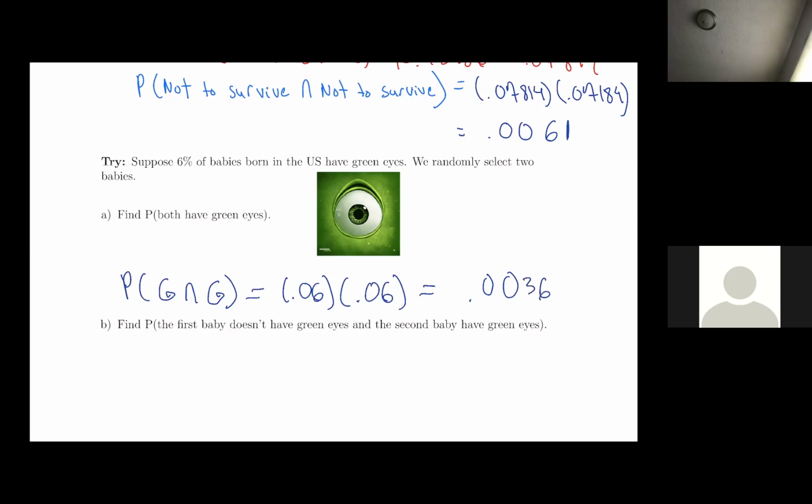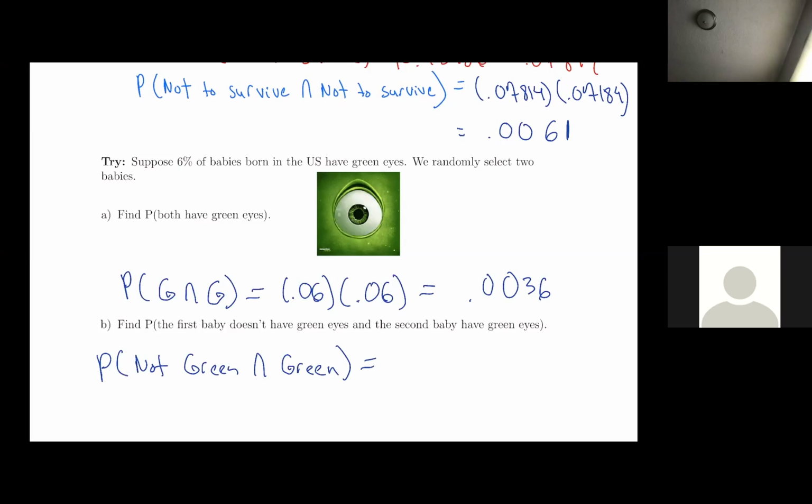All right, so try doing B. Is it 0.0564?